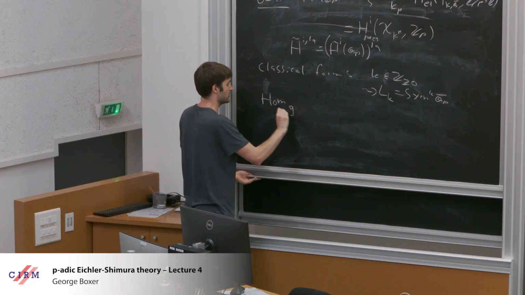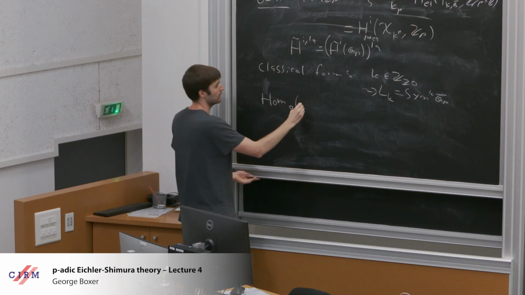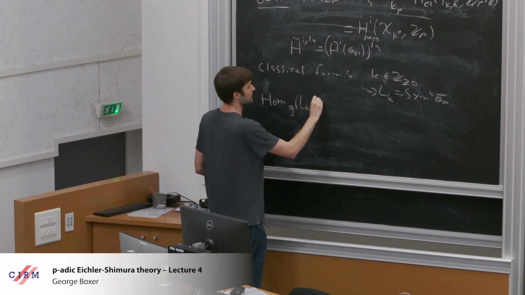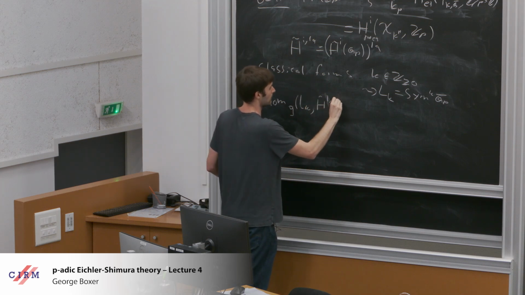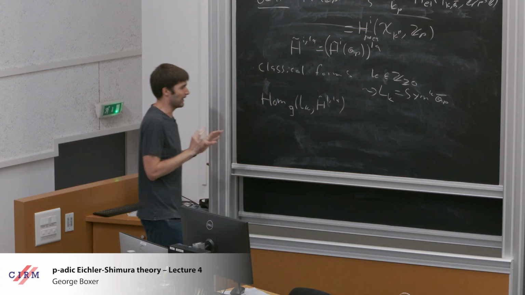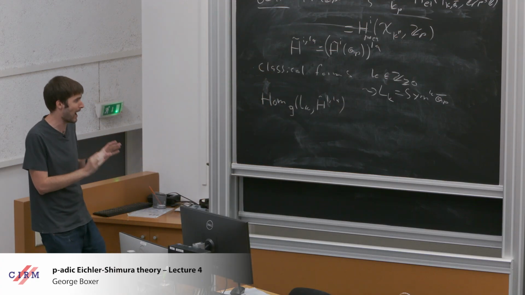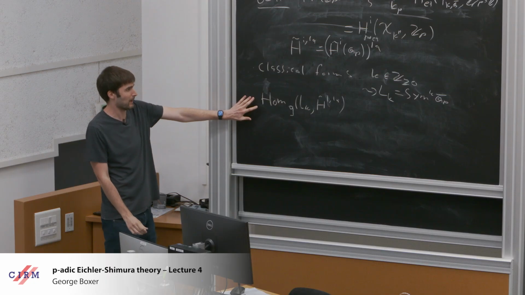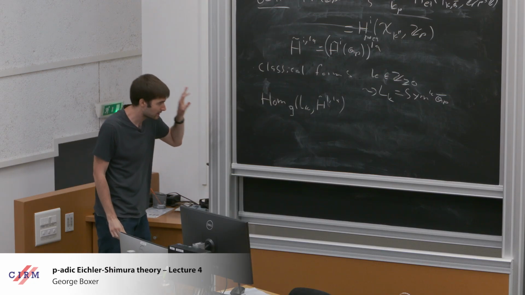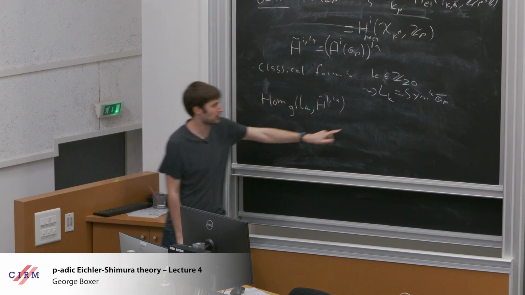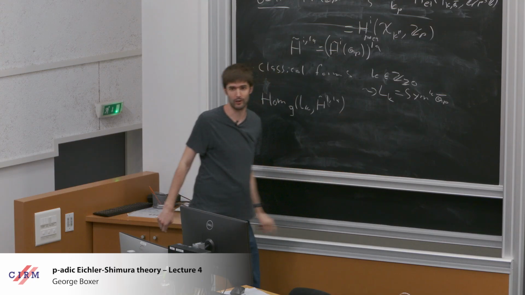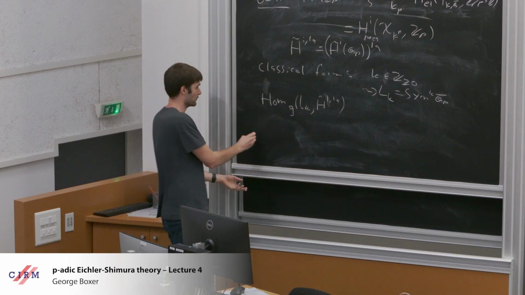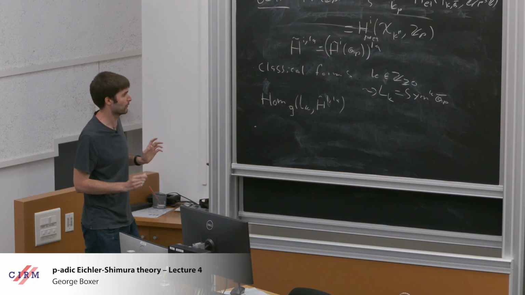We can take G-Homs from this representation into completed H^1. I will explain why in a second, but this is basically the classical H^1 of the local system corresponding to this representation, taking the colimit over all levels at p. So that's my classical forms.